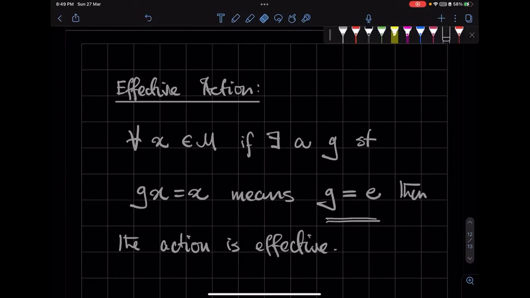To understand something, you have to understand the counterexample, right? So can we come up with some group action such that the manifold it's acting on, which is not, yeah.